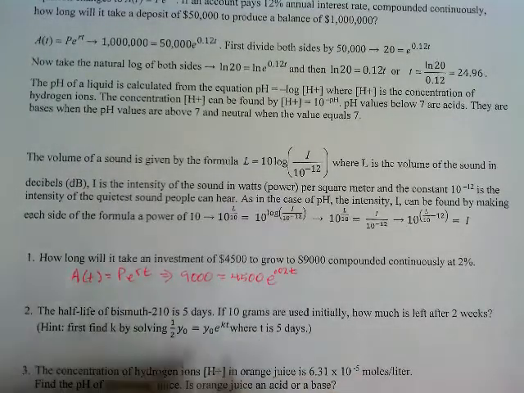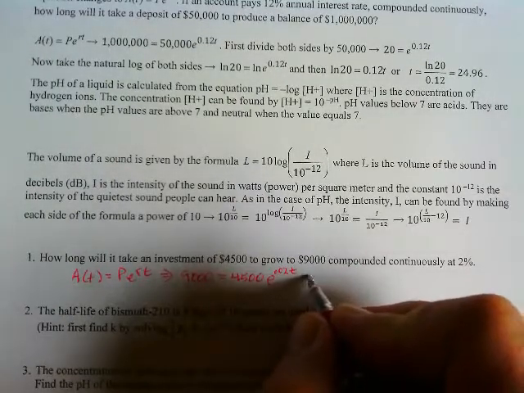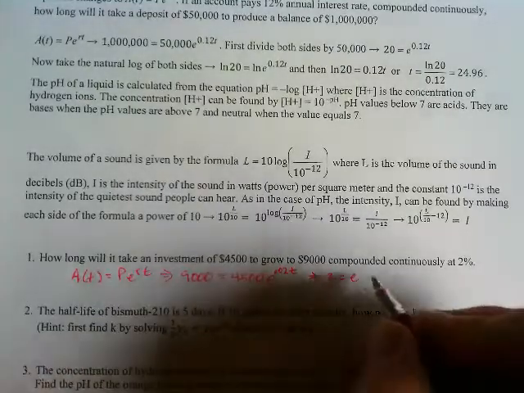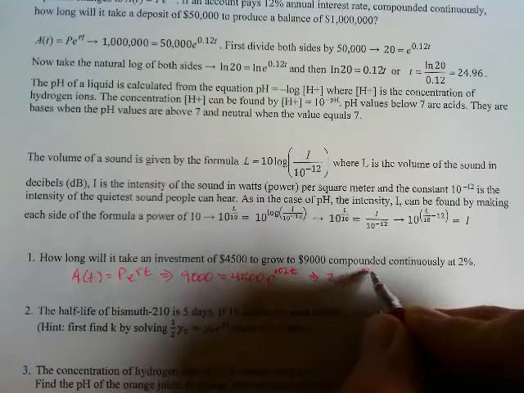Okay, so if we divide both sides by the 4,500, that'll give us 2 equals e to the 0.02t.